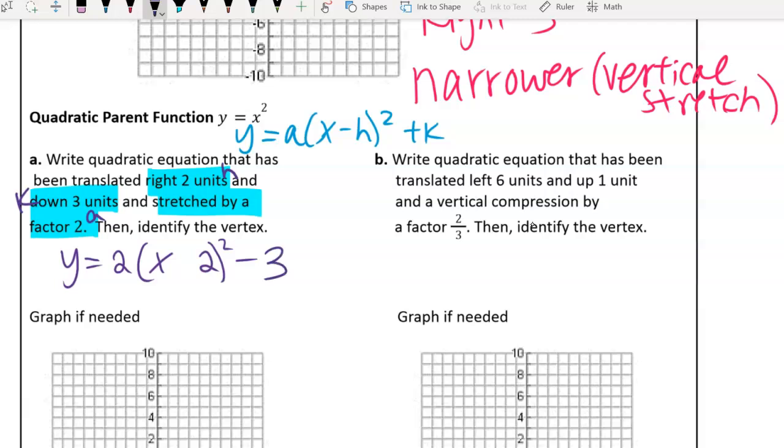All right, and don't forget x lies. So if we're going right 2 for H, are we going to have negative or positive? Negative, good. All right, go ahead and do the next one on your own.